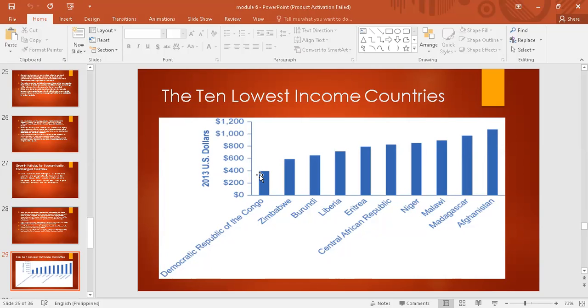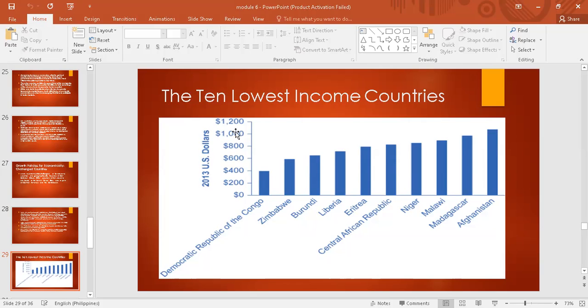So kung times 50 yan, kung i-convert mo sa pesos, nasa 2,000 lang sa kada tao doon ang kinikita sa buong taon. Mataas na ang 1,211 kay Afghanistan. Okay?